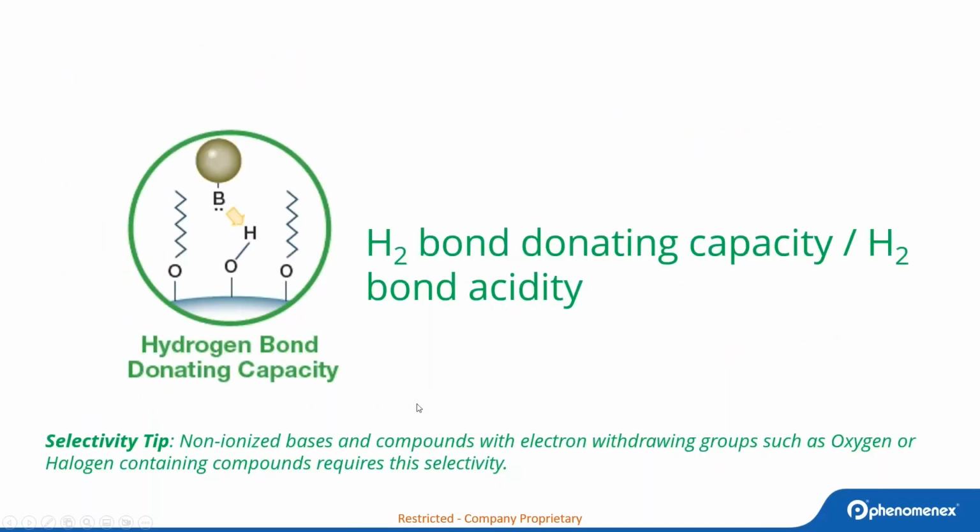Looking at hydrogen bond donating capacity, non-ionized bases and compounds with electron withdrawing groups such as oxygen or halogen containing compounds might require this selectivity, or it would be a good choice. So non-ionized bases and halogens or oxygen containing groups on different analytes of interest.